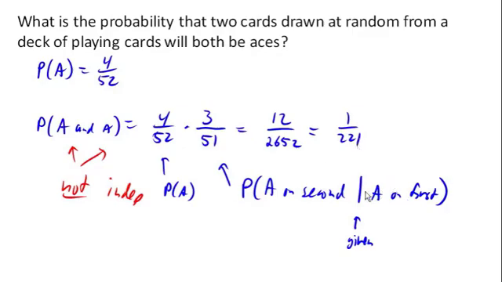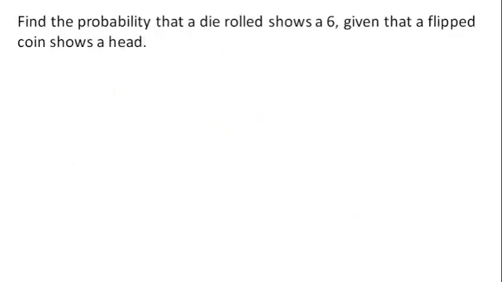Now, let's look at another case. Let's find the probability that a die rolled shows a 6 given, so again, this is a conditional probability, given that a flipped coin shows a head. So this is the probability of a 6 on a die, given head on a coin.